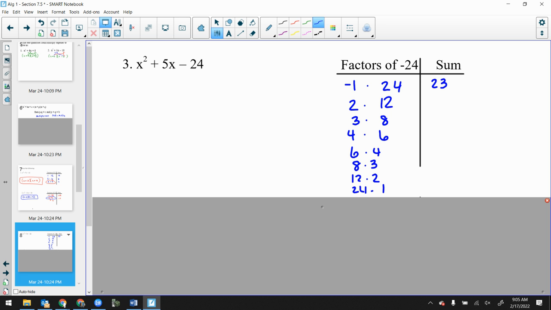If I put the negative here, do I get a different sum? I get negative 23. So, yes, it does matter where I put the negative. It actually doubles our list. So here's what we actually have to do. Think.